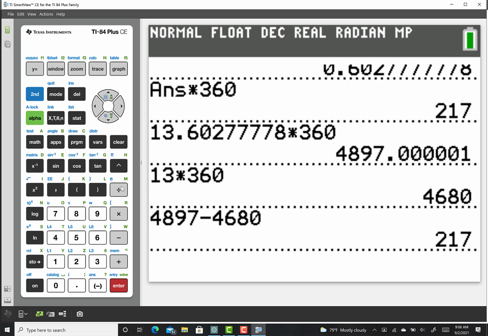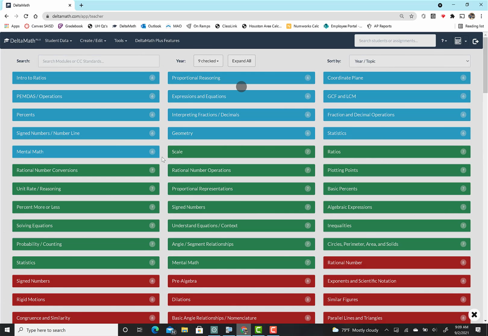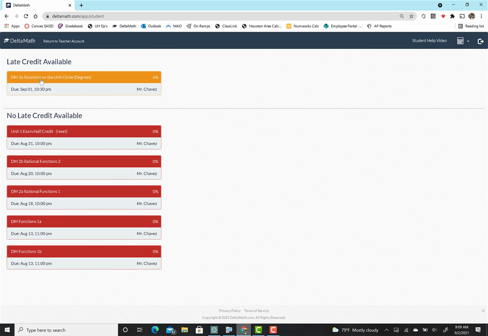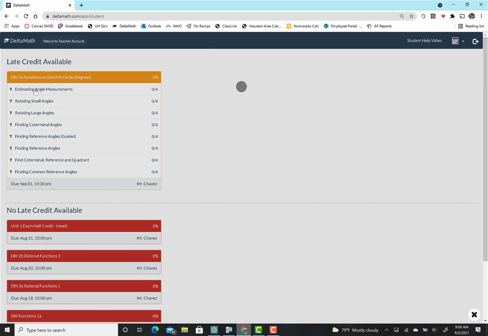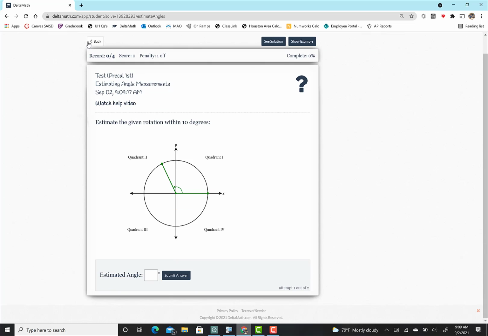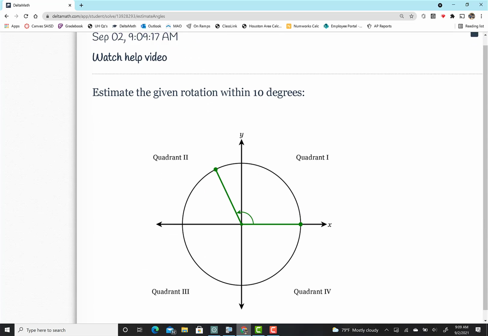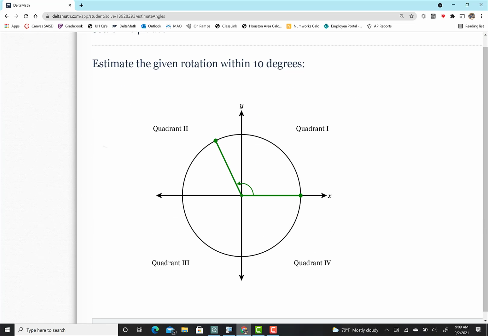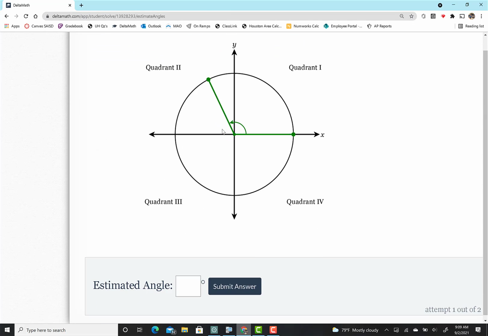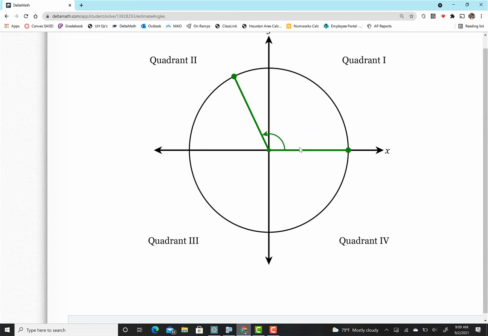Are we good, guys? All right, so this is what you have on delta. It's very sensitive. So check it out. Look at the first question here. It says, estimate the given rotation within 10 degrees. So you see how it's just a circle and it just wants to know what angle that is.